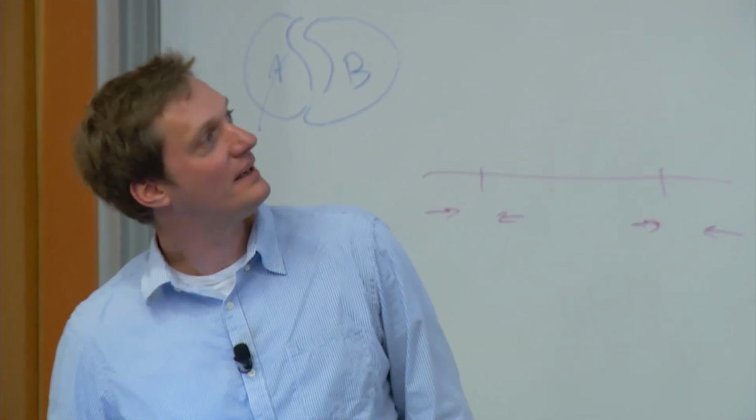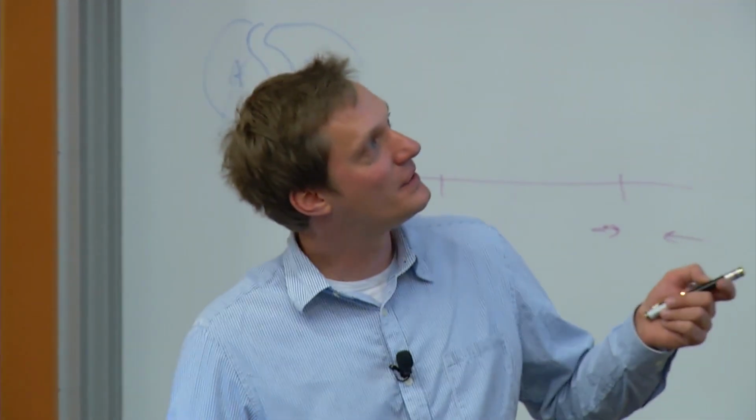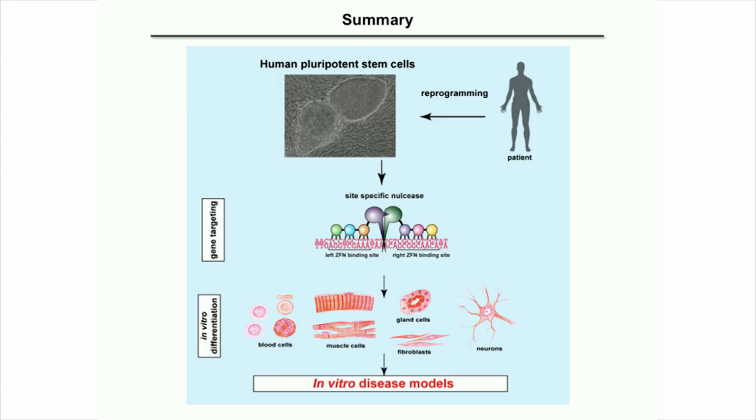Okay, so at the end of all of this, we were at a point where we could use site-specific nucleases to facilitate this in vitro disease modeling, and I think we now have all the tools to actually do that. We can achieve overexpression, we can do point mutation repair, we can generate lineage reporters that report on the differentiation status of human ES cells.